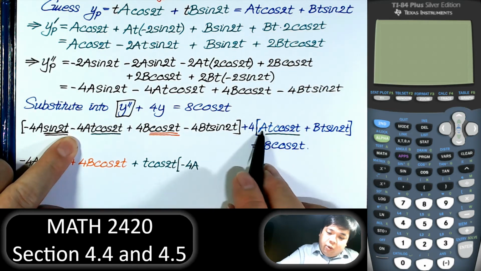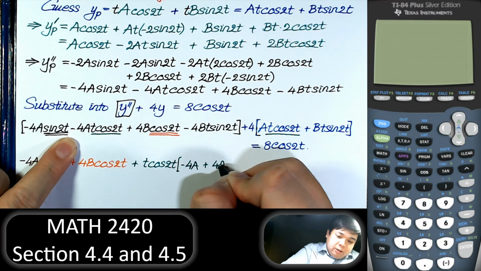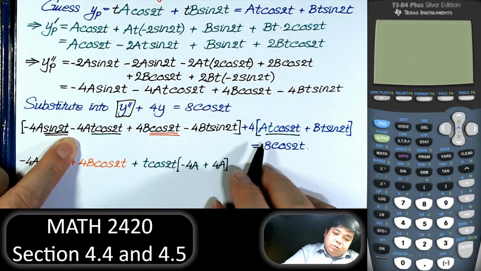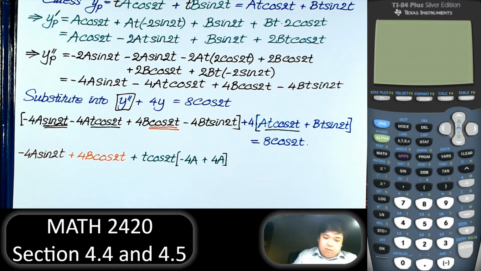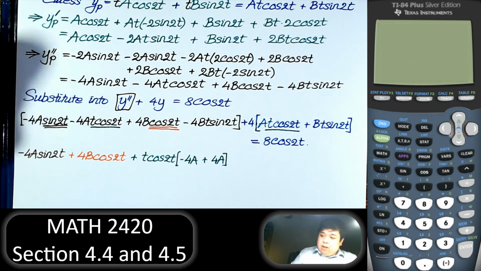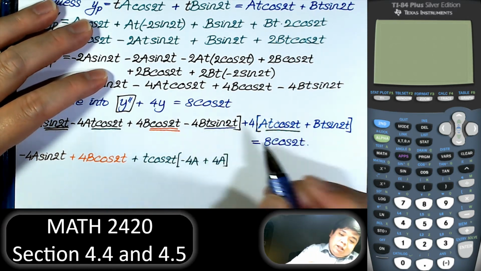And this gives us 4a. Alright, that cancels out nicely. And then t sine 2t.